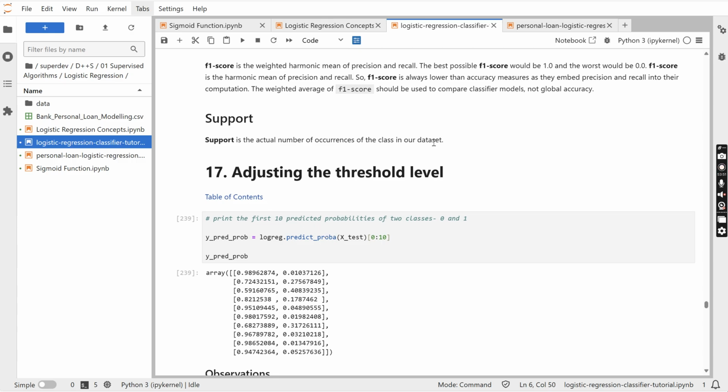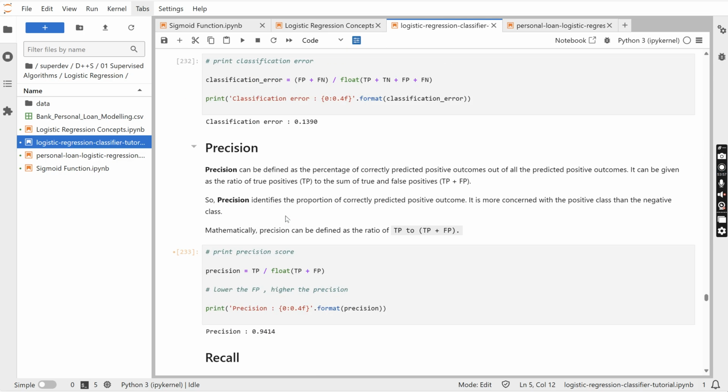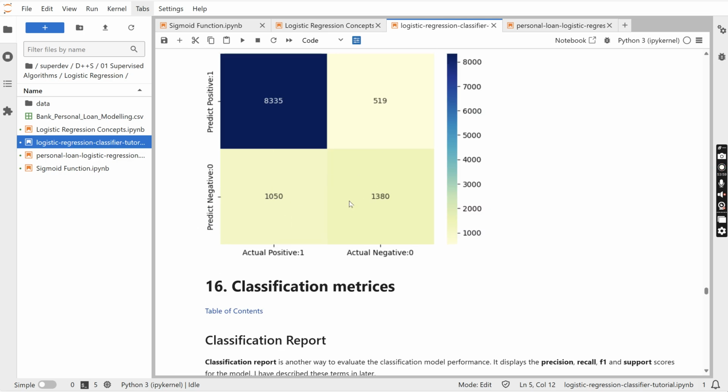Next, after you have evaluated all these metrics, the next step is how to adjust the threshold. From the results, the correctly predicted cases are along the left to right diagonal, and the incorrectly predicted ones are along the right to left diagonal. How to decrease these is the question now.